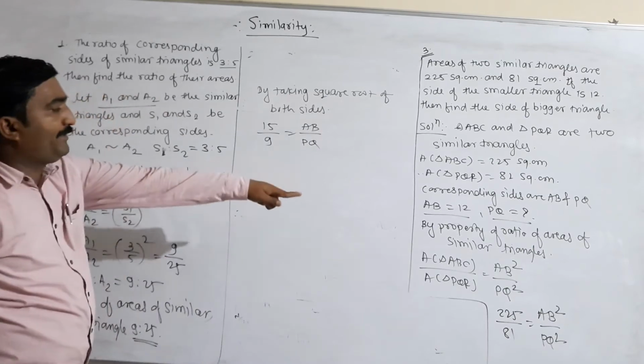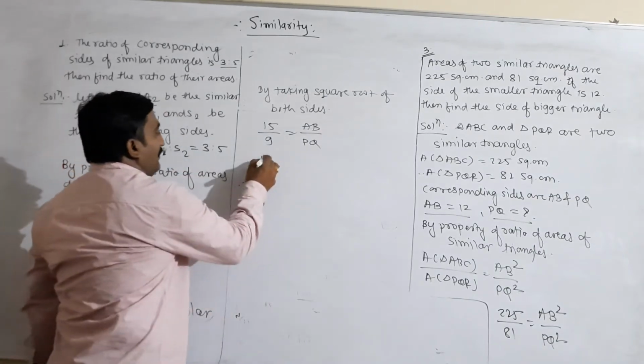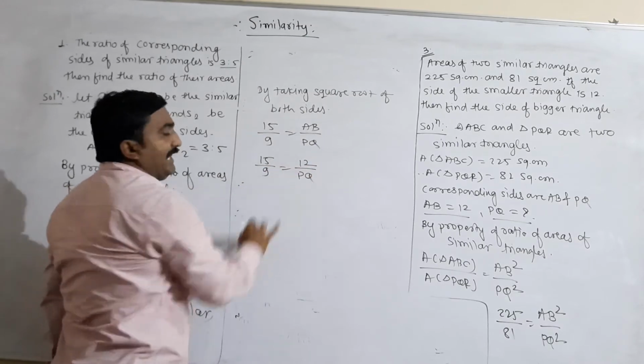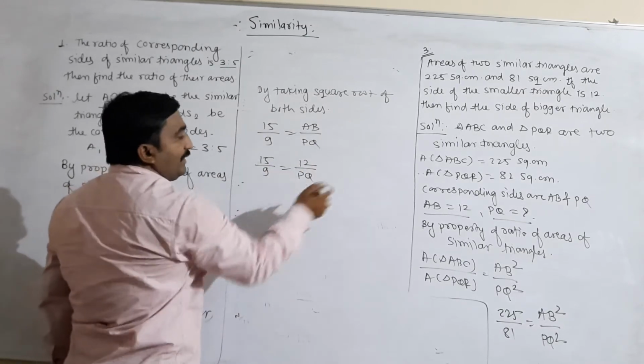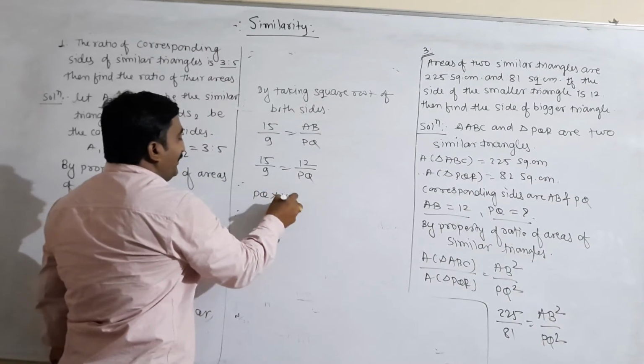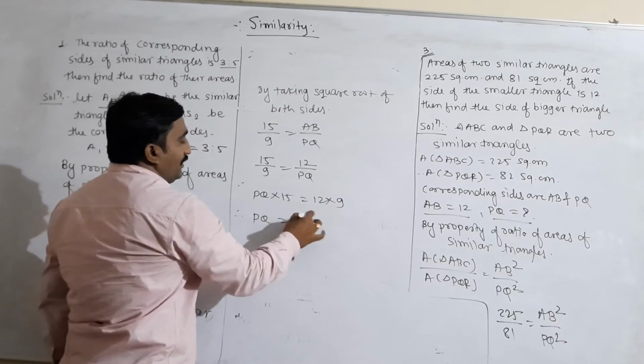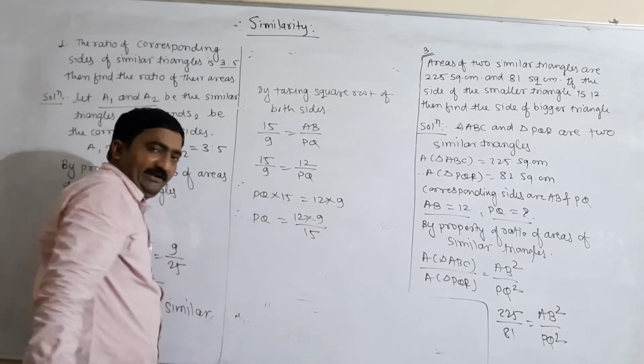So the value of AB is 12. 15 divided by 9 is equal to 12 divided by PQ. So PQ into 15 is equal to 12 into 9. PQ is equal to 12 into 9 divided by 15.